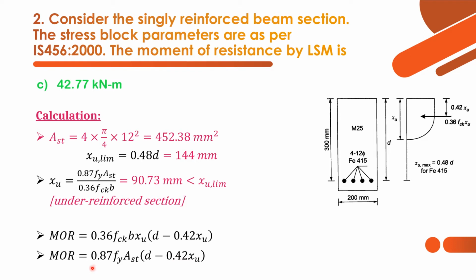Or we can use this formula with respect to steel: 0.87 into 415 into Ast, which is 452.38, into d minus 0.416 xu or 0.42 xu. So d minus 0.42 xu is the lever arm distance. On multiplying that with the force, we get the moment. So these are the ways to determine the moment of resistance for an under reinforced section. Now we shall move on to the next question.